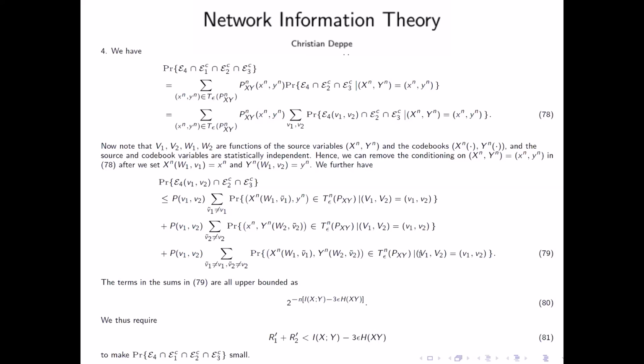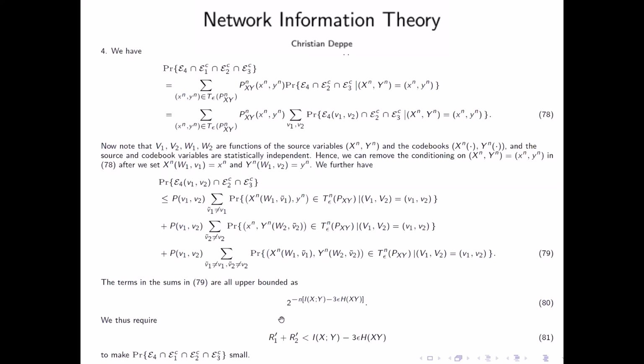If you look now at the terms, then we know that the probability that this part here is jointly typical is always, like we proved in the theorem, 2 to the minus n times the mutual information of X and Y minus 3 epsilon times the entropy of X and Y. And of course, how many sequences are there?